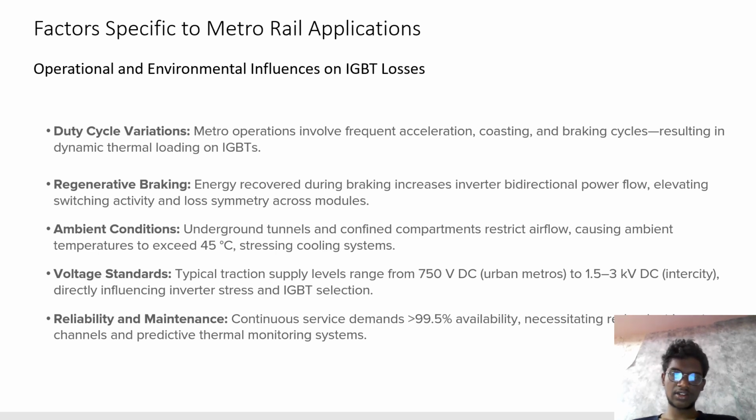Reliability and maintenance: continuous service demands greater than 99.5% availability, necessitating redundant inverter channels and predictive thermal monitoring systems. Voltage standards: traction supply levels range from 750 volts DC to 1.5 to 3 kilovolts DC intercity, directly influencing inverter stress and IGBT selection.